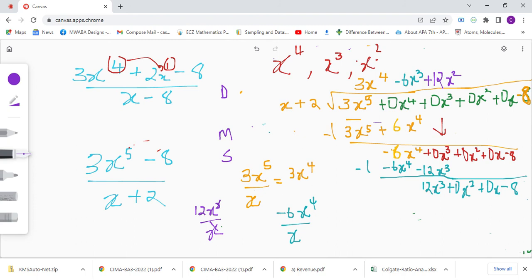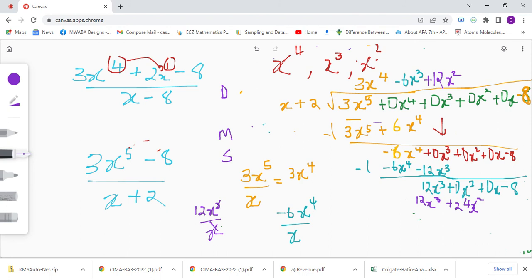12x squared times x, we get 12x cubed. 12x squared times 2, we get 24x squared.